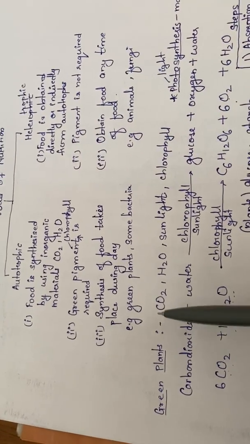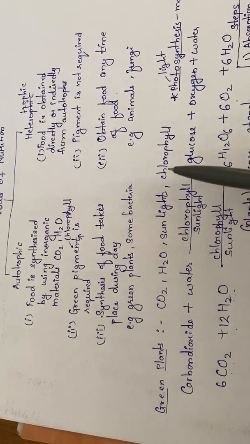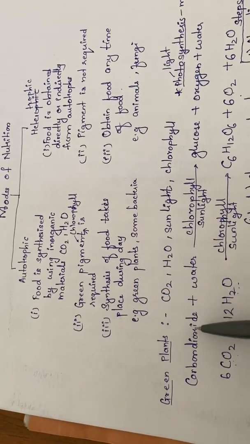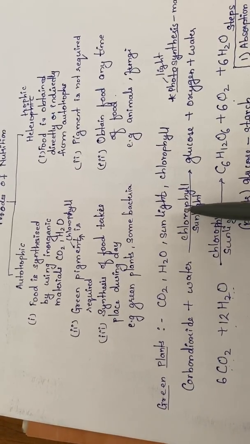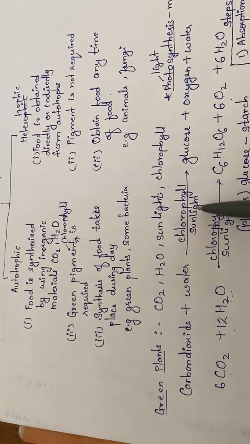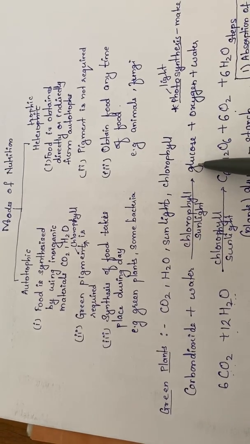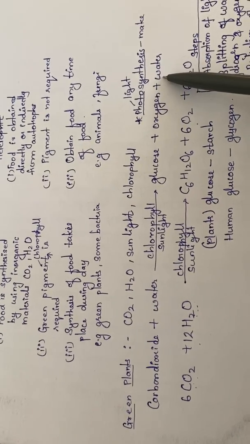The requirements for photosynthesis are carbon dioxide, water, sunlight and chlorophyll. Carbon dioxide, you know, is trapped from the atmosphere. Water is obtained from roots. Chlorophyll pigment is present on the leaves, which traps sunlight, and this light energy is then converted into chemical energy, which is glucose. Oxygen is liberated in this process and water is also formed.